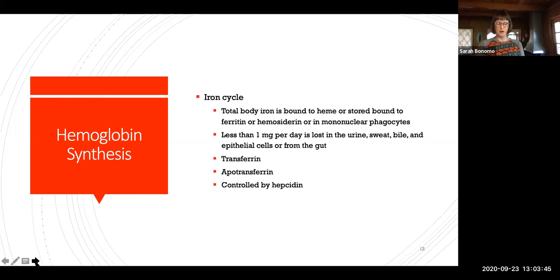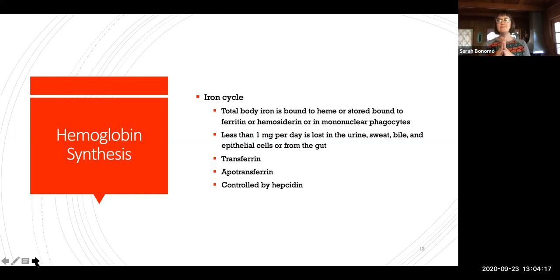So about 67% of the total body iron in your body is bound up to heme. And then 30% of it gets stored, bound to ferritin. It gets stored in these mononuclear phagocytes. I'm not going to test you on the names of all this stuff. I just want you to understand that some of the iron in our body is circulating and some of it is in storage. So we've got a backup, basically.